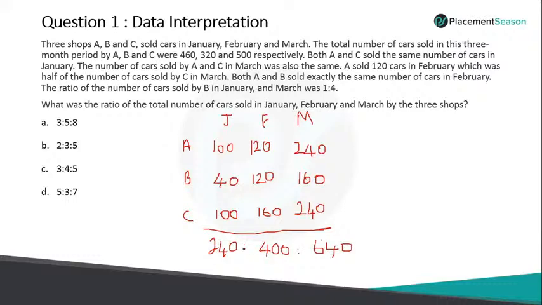If I take the ratio between these three and divide by 80, 240 will be 3 times, 400 will be 5 times, and 640 will be 8 times. So the option will be A, 3:5:8, right?